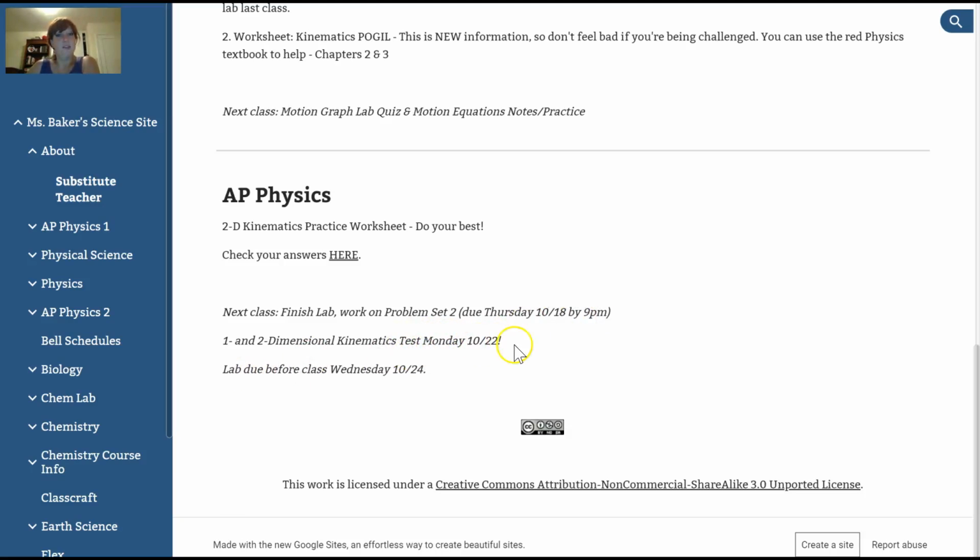If you haven't taken that retest on Canvas for the first 1D motion, I would probably do that before you take this test, because you've got to know some 1D motion to get some 2D motion. Your lab is going to be due by the start of class on the 24th, because we're going to look at that with different groups and give some peer feedback.